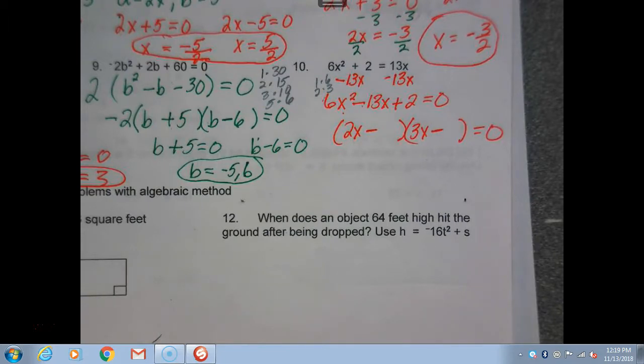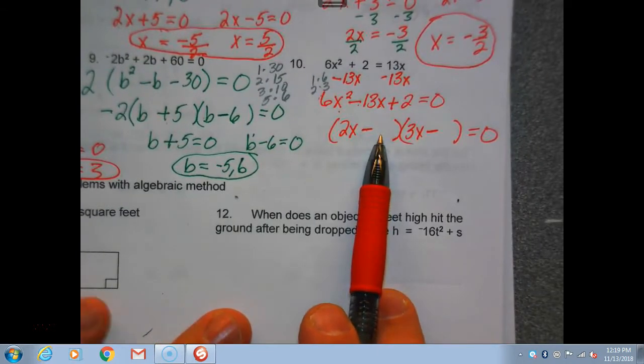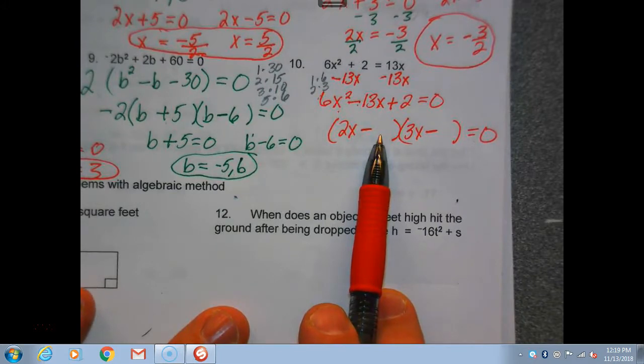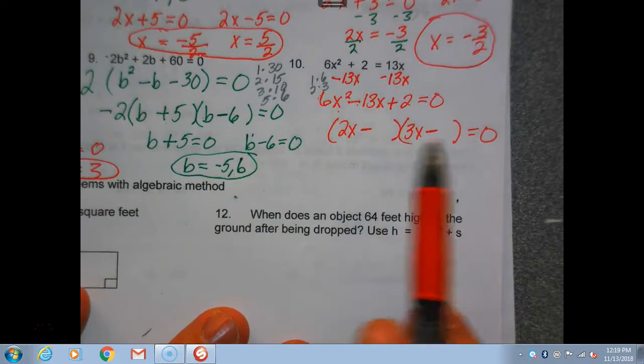Anyone? What goes here? This might not work. Yeah, I think we're going to have to use 6x.